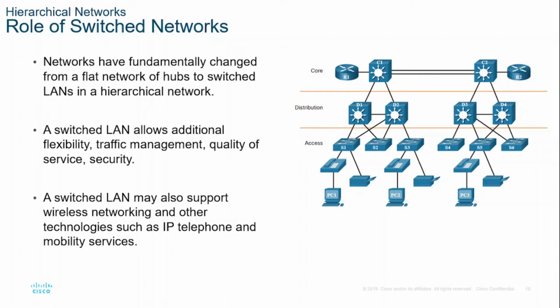As you notice, this is a switch network. It involves the multi-layer switch, the router, and then the access switch. A switched LAN allows additional flexibility, traffic management, quality of service, and security. A switched LAN may also support wireless networking and other technologies such as IP telephony and mobility services.